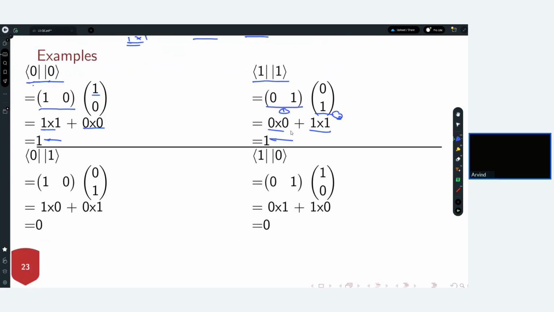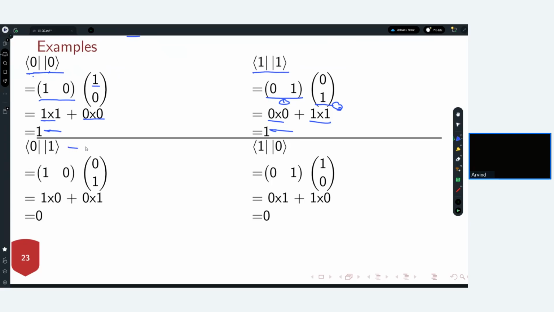Now let us take the third example, in which I am writing bra0 and ket1. Bra0 is a row vector and ket1 is a column vector.